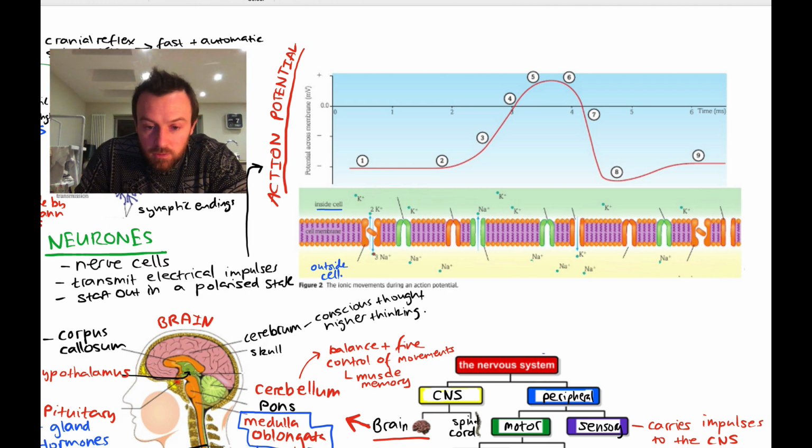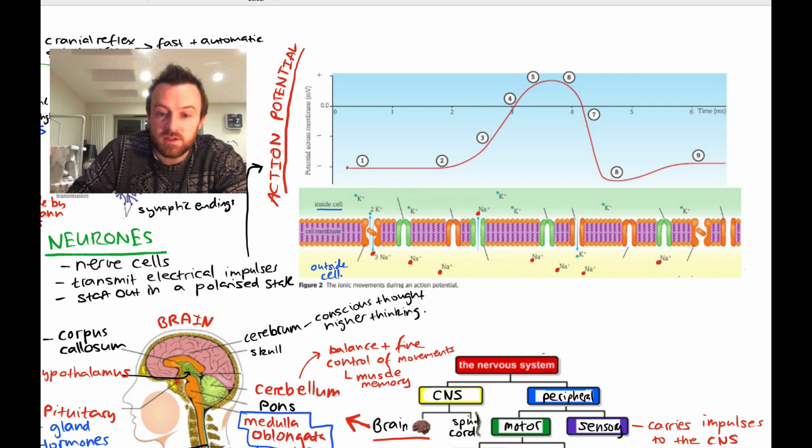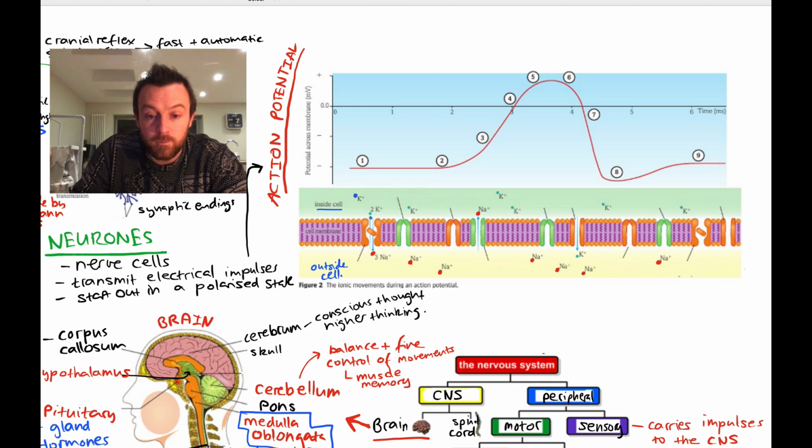I'm going to do red for sodium, so let's make all these sodium ions red. It's going to be helpful to have the sodiums and potassiums different colors. I'm going to go over the potassiums in blue.